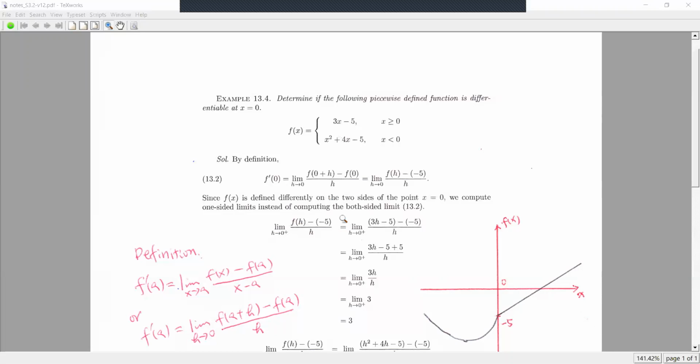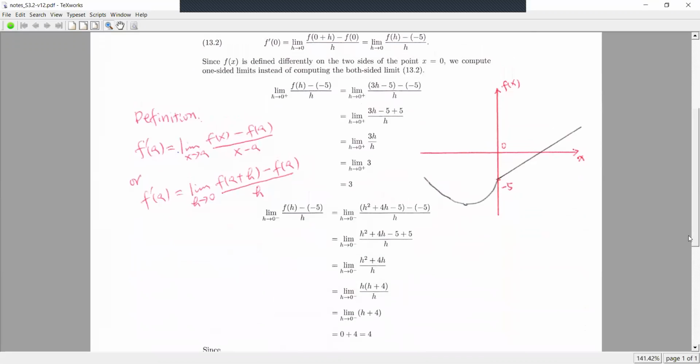So I have this equation. Now cancel negative 5, then I have this equation. Cancel h from the top and from the bottom. I have this equation. The function now is a constant. As h approaches 0 from the right side, the limit is the number 3. So the right-hand side limit is number 3.